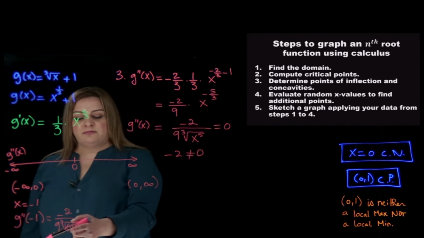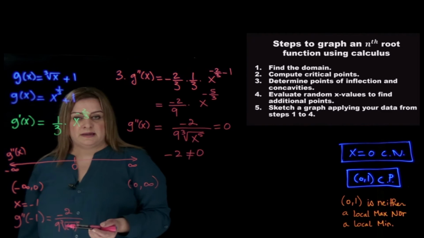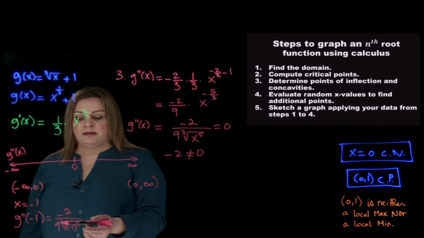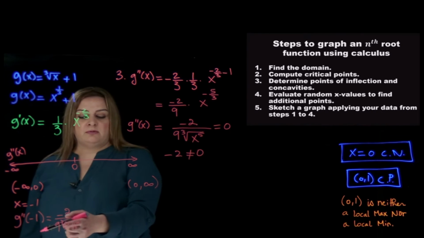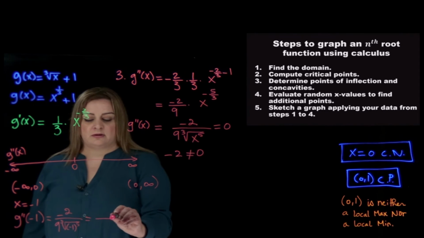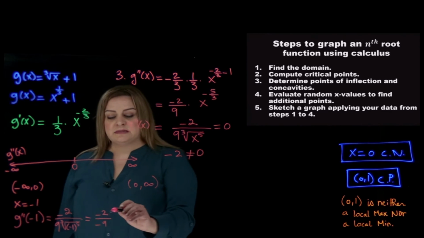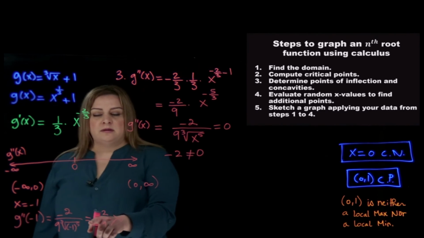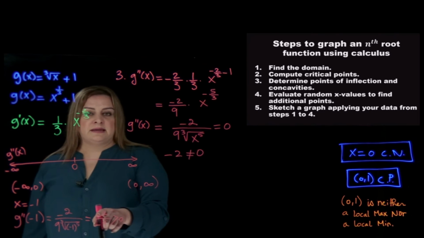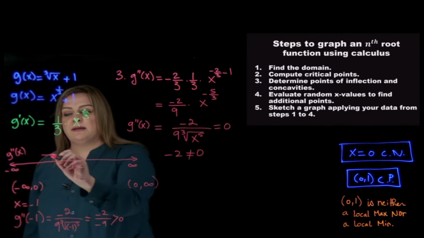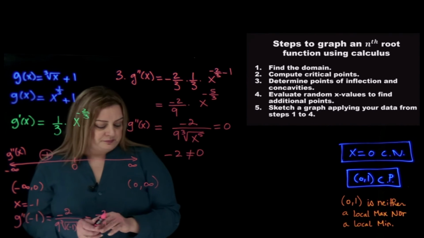So I will have negative 1 to the 5th to be negative 1. The cube root of negative 1 will give me negative 1. 9 times negative 1, I will have negative 9. So negative 2 over negative 9, but this is positive. A negative divided by a negative will give me a positive. So I will mark my interval with a positive.